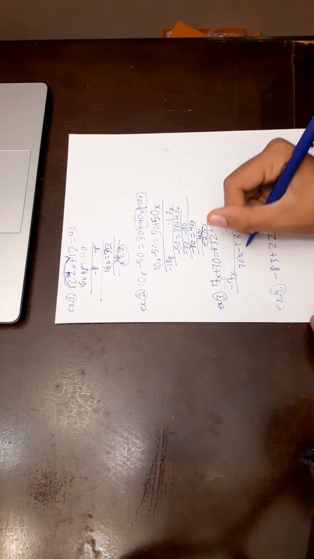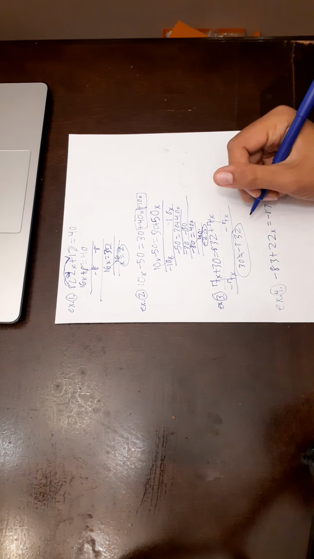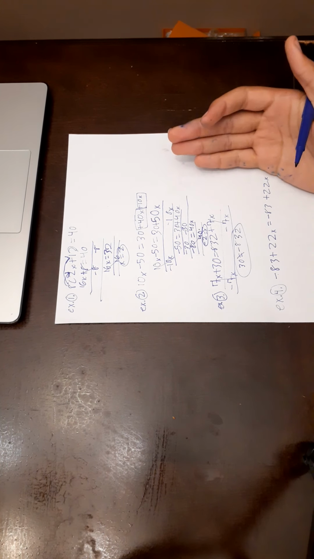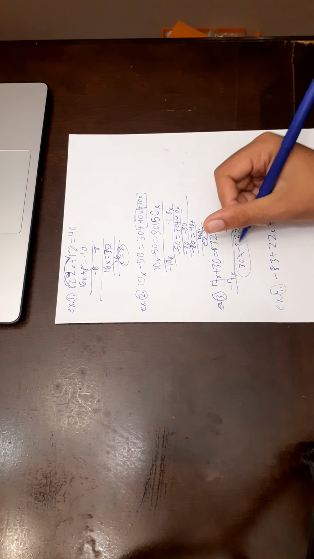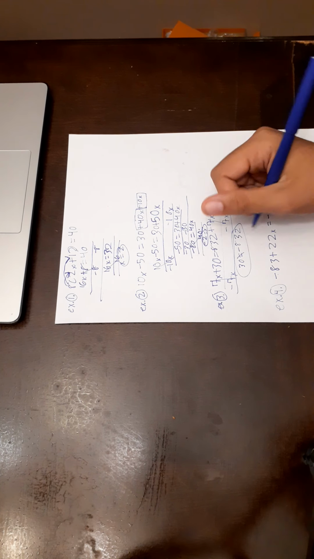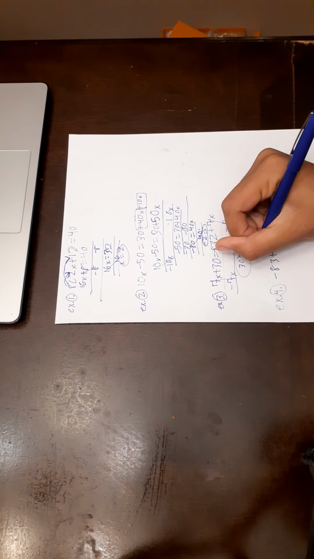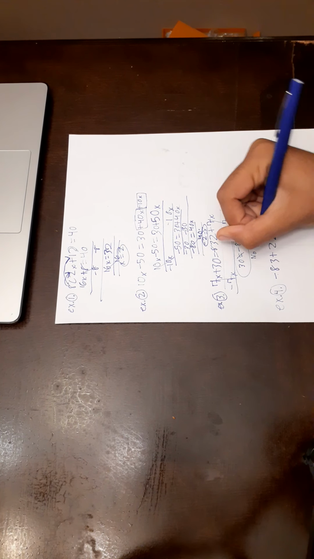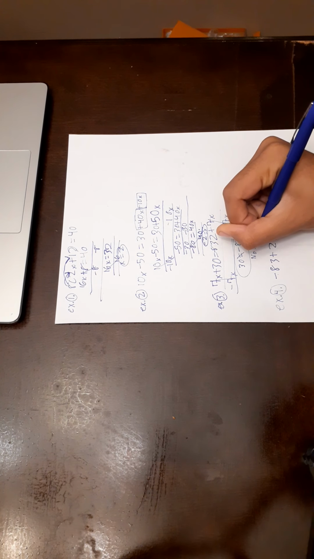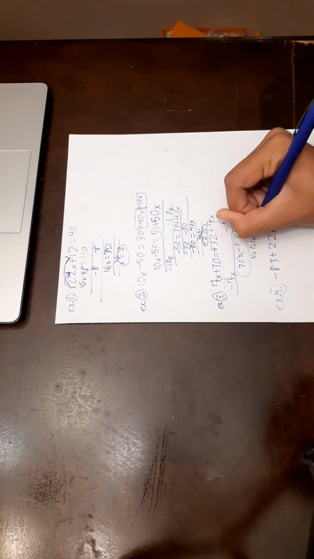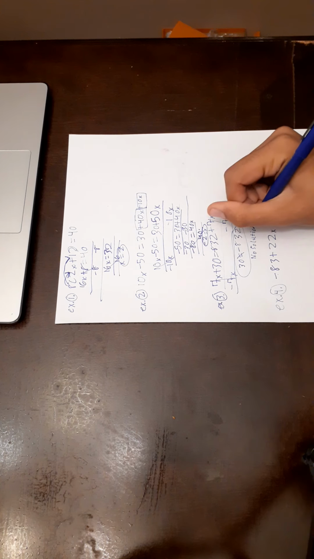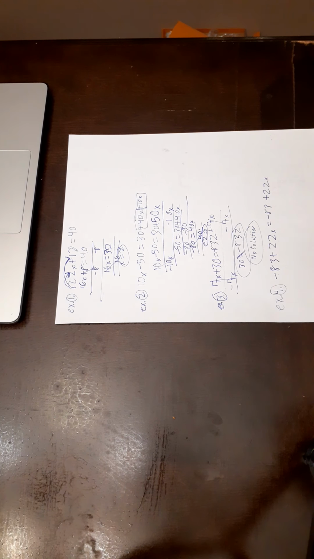And that is a no solution because positive 30 is not equal to negative 832. So you would write no solution, or just cross out the equal sign. That's also the sign.